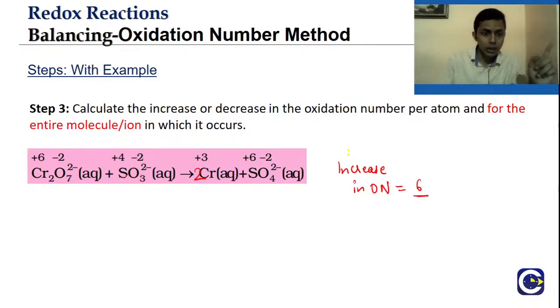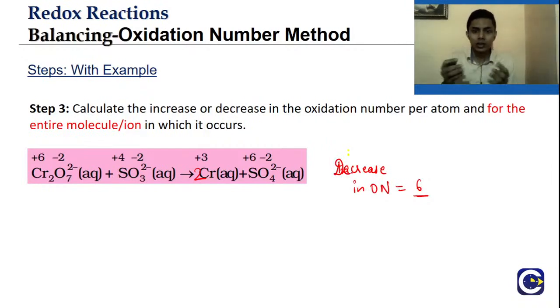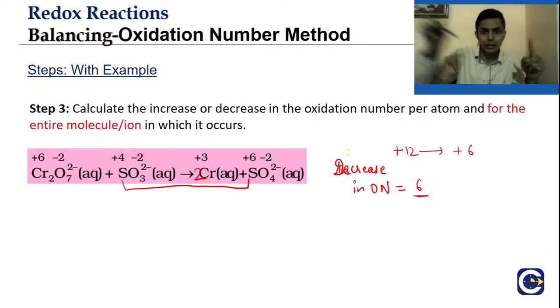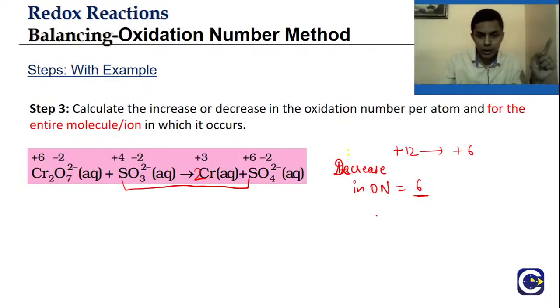Now let us look at the reduction part. This was the decrease in oxidation number, because plus 12 decreases to plus 6. Chromium gets reduced. Sulfur gets oxidized, plus 4 to plus 6, so it increases. What is the increase in oxidation number?